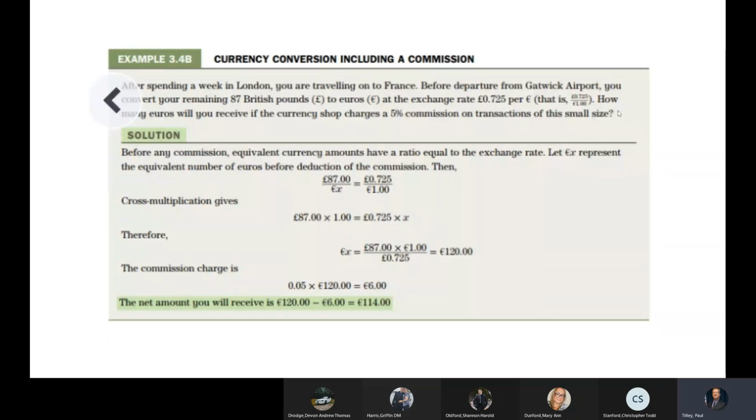Well, first of all, it is 87 pounds, and the ratio is 0.725. So if we do the cross multiplication on that, we'll get 120 euros. And then we charge the 5% commission; 5% of 120 is 6. So the total would be 114 euros.